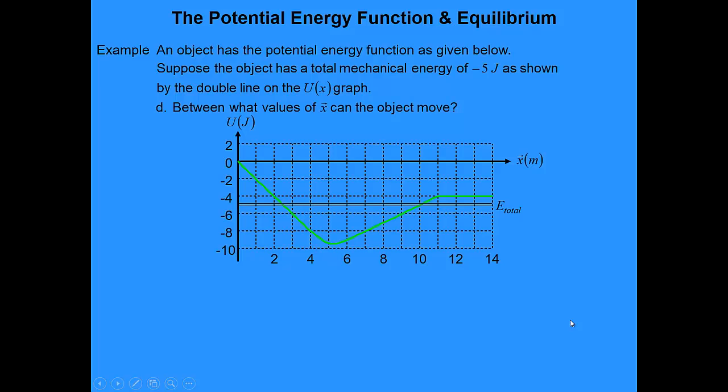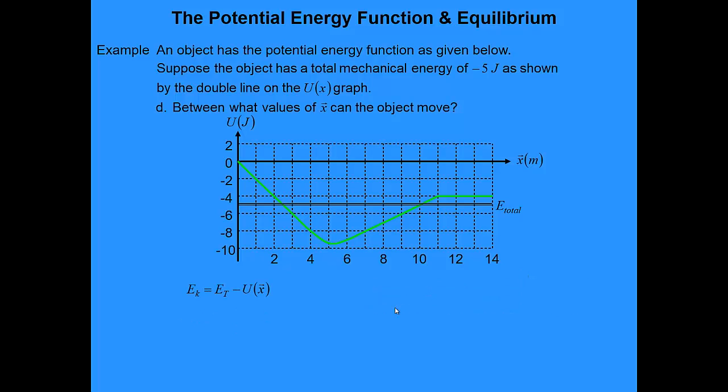So between what values of x can this move? Do you see it? When will the kinetic energy have to flip from positive, which is doable, to negative, which isn't doable? Maybe we should ask, where's the kinetic energy 0?